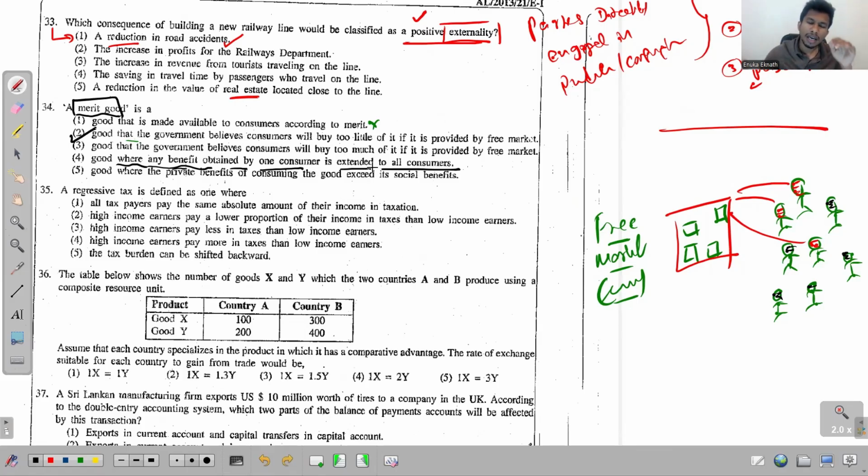But whose benefits is this talking about? Where any benefit obtained by one consumer is extended to all consumers. Once again, consumers are the parties who are directly engaged in this consumption process. So we do not recognize the benefit that accrues to them as an externality.